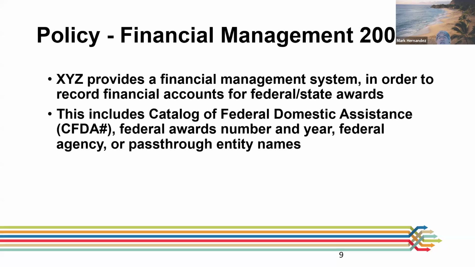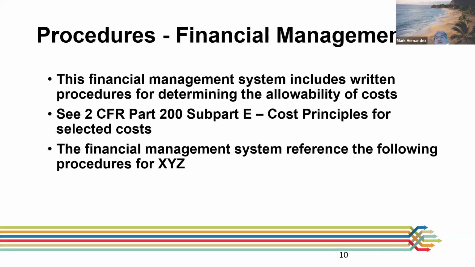Now, how do we get into that? Here are some that are recommended as best practices. Part of that is to have procedures well written on determining allowability of cost. One thing that you do is your how-to document refers to Subpart E, which is cost principles.